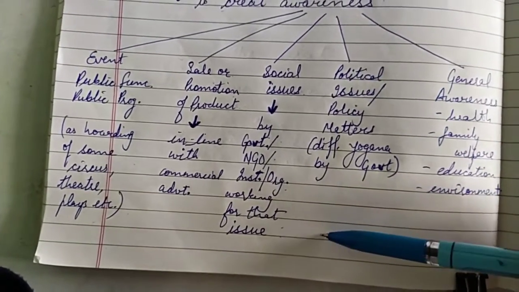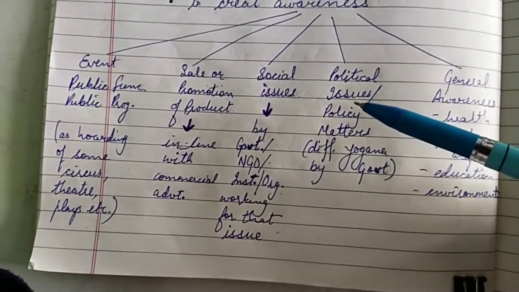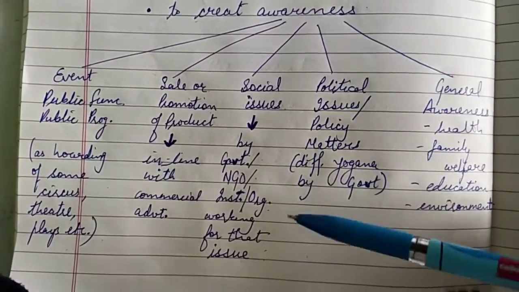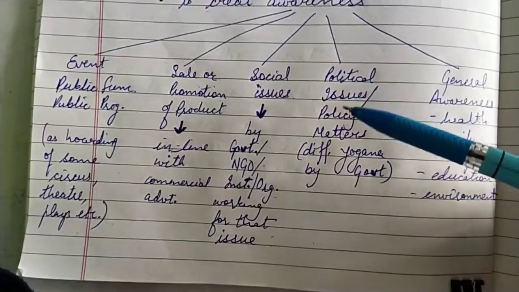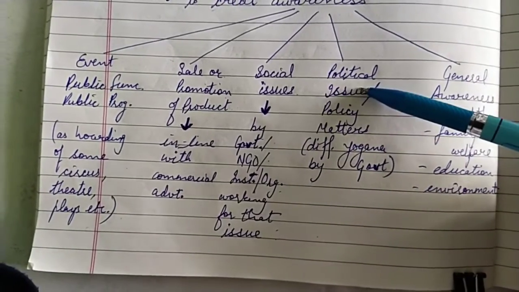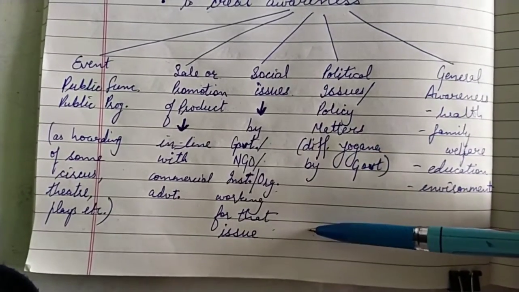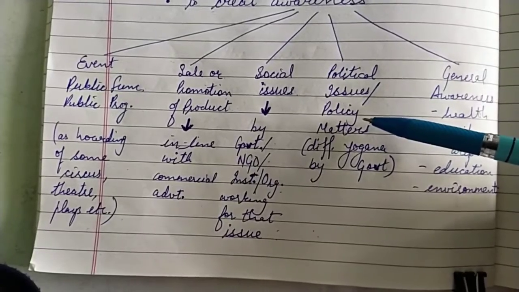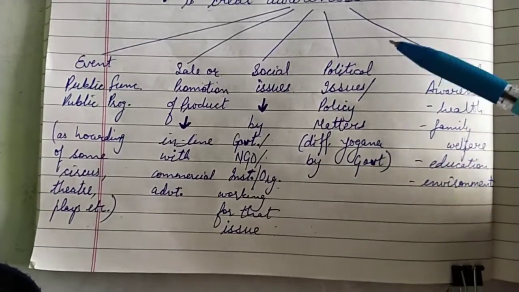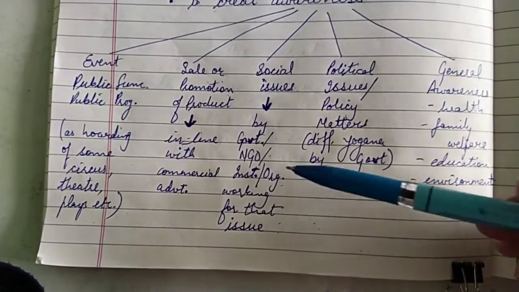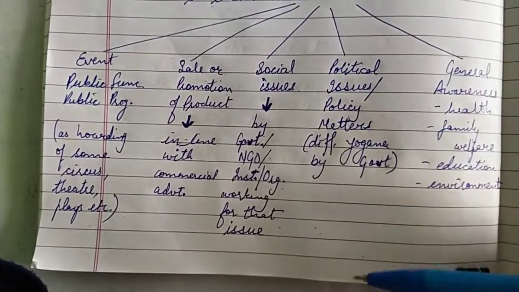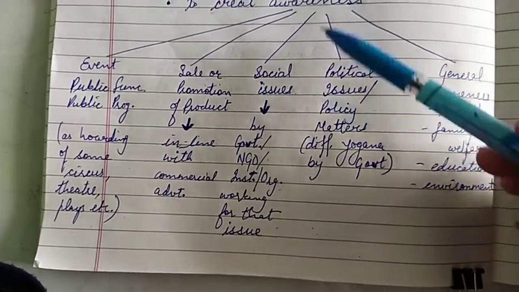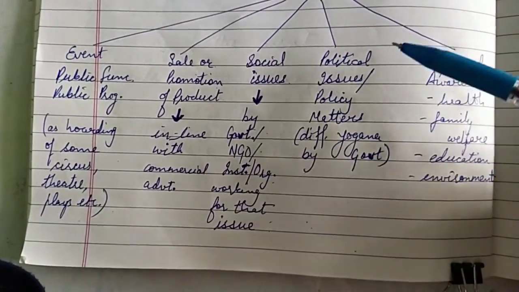Suppose we are going to draw a poster on some social evils, it will be drawn by some organizations that are working for that cause, like anti-dowry organizations, or organizations against corruption, organizations working in favor of AIDS victims. So these are the different social issues.